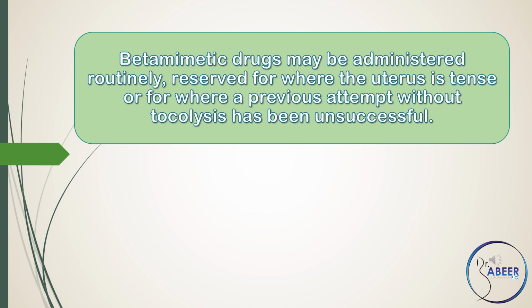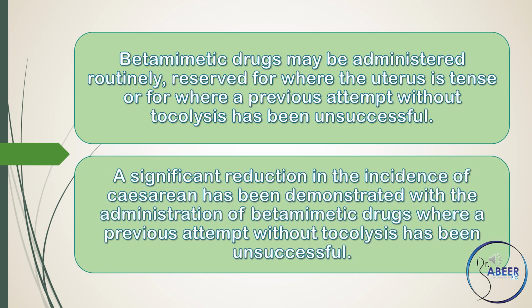Beta-mimetic drugs may be administered routinely, reserved for where the uterus is tense, or for where a previous attempt without tocolysis has been unsuccessful. A significant reduction in the incidence of cesarean has been demonstrated with the administration of beta-mimetic drugs where a previous attempt without tocolysis has been unsuccessful.